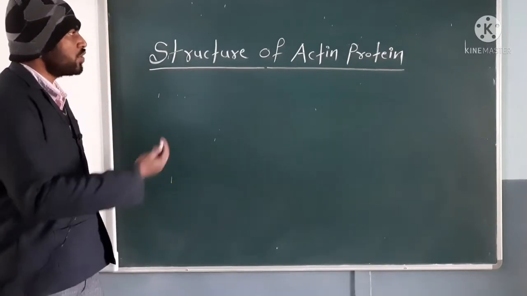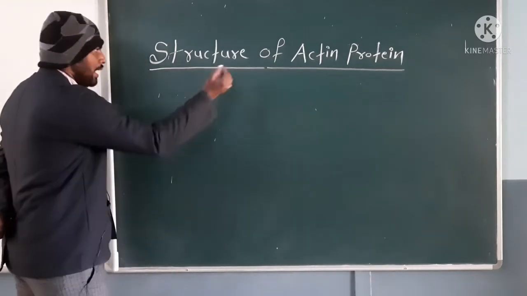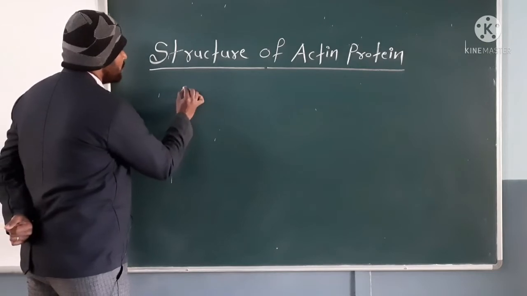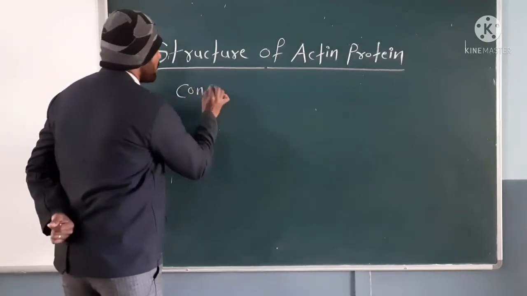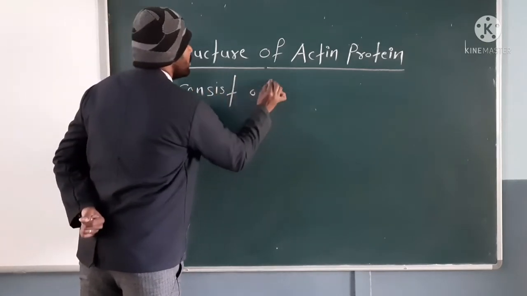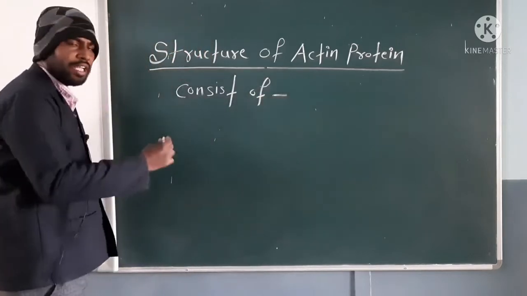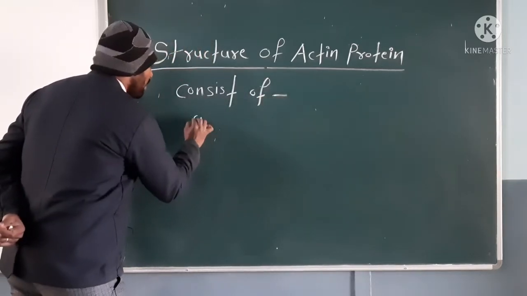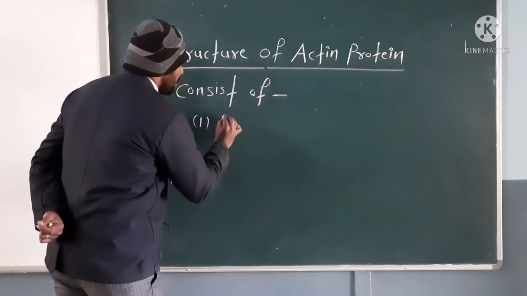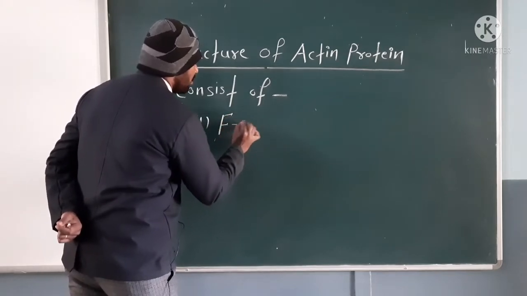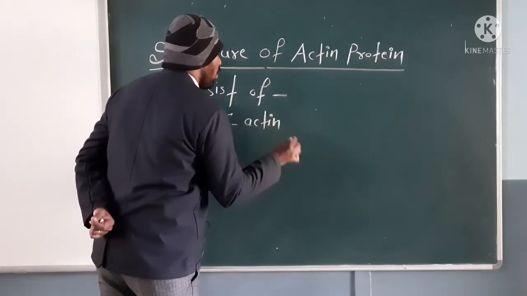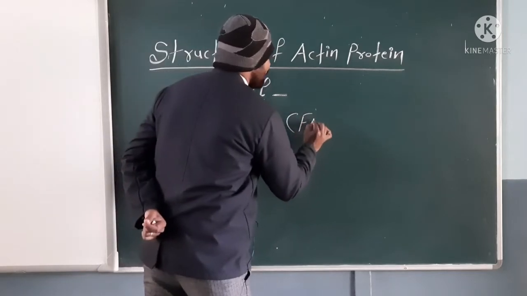When we talk about the structure of actin protein, the actin protein itself consists of three different proteins, and these proteins' names are as follows. Number one, it is F-actin or filamentous actin.